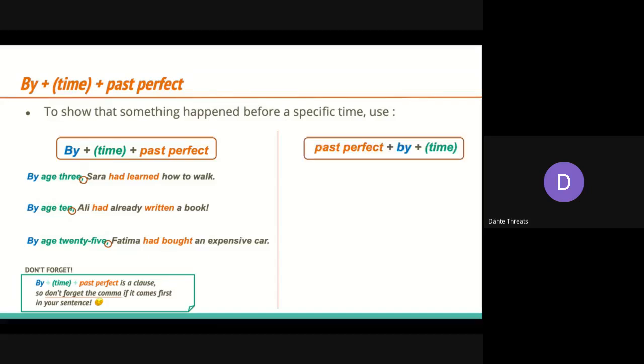All right. Another way to use it would be the past perfect plus by plus time. Okay? So these sentences will basically be written in reverse. Sarah had learned how to walk by age 3. Okay? Ali had already written a book by age 10.